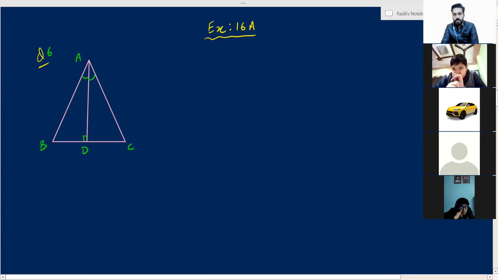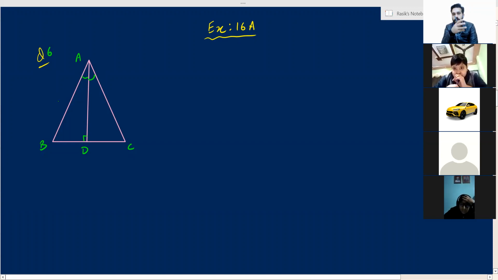To show triangle ABC is isosceles, we have to show that AB is equal to AC. What is an isosceles triangle? A triangle where two sides are equal is known as an isosceles triangle. So if we show that side AB is equal to AC, can we say that triangle ABC is isosceles?